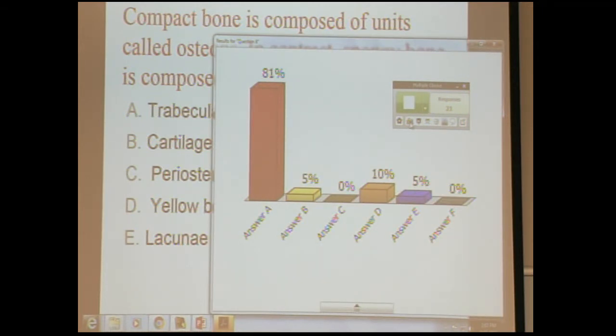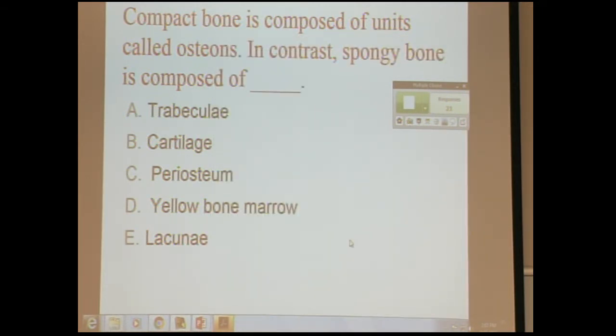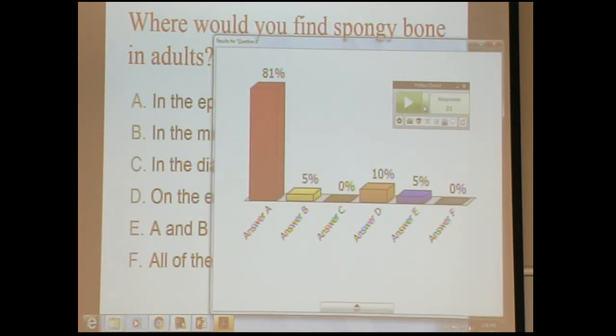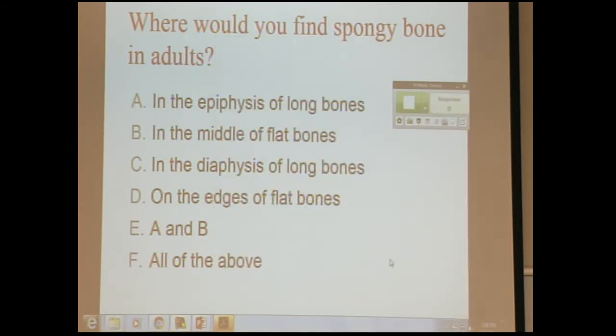So all right, there it is, trabecula for spongy bone. All right, where would you find spongy bone in adults?